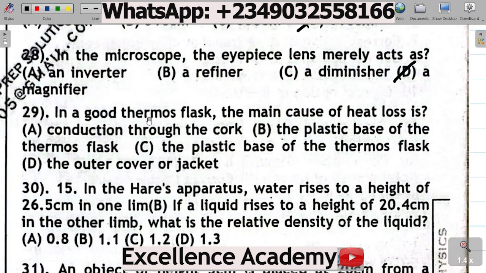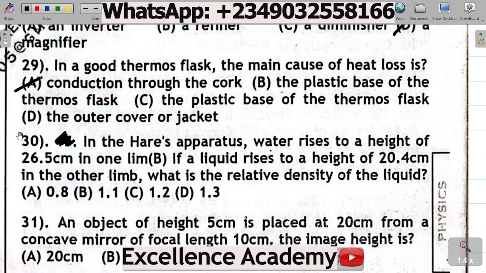Now you want to note that for a thermos flask there, the cork at the neck is the weakest point. And of course, conduction happens through that weakest point. That means the correct answer there is A, conduction through the cork.